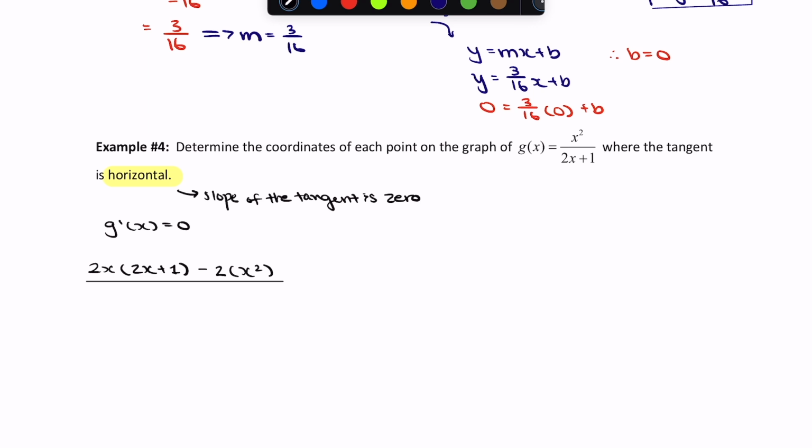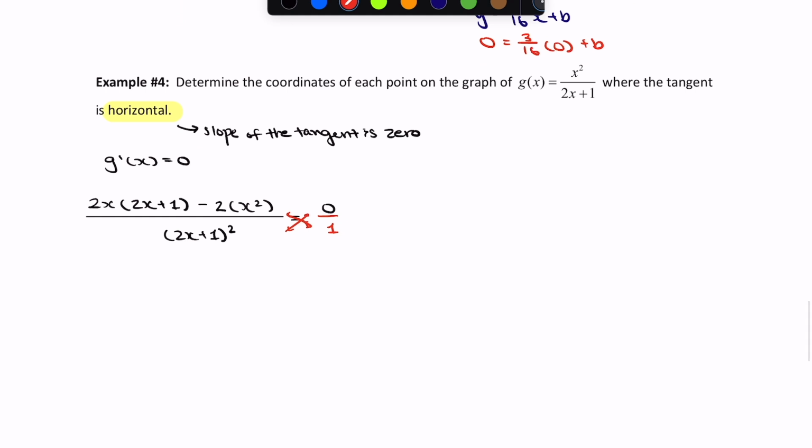That's all over 2x plus 1 squared, and that all is equal to 0. And here, we can write it as 0 over 1, and we can simply cross multiply. And so here, we're left with 2x times 2x plus 1 minus 2x squared is equal to 0.